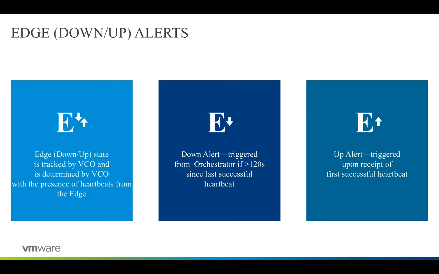These are management driven alerts, and these are triggered when the edge is not able to communicate with the orchestrator. So remember, the heartbeats are sent every 30 seconds. If four consecutive heartbeats are missed, then the orchestrator declares that edge device as down, and that is when the edge down alert is triggered.